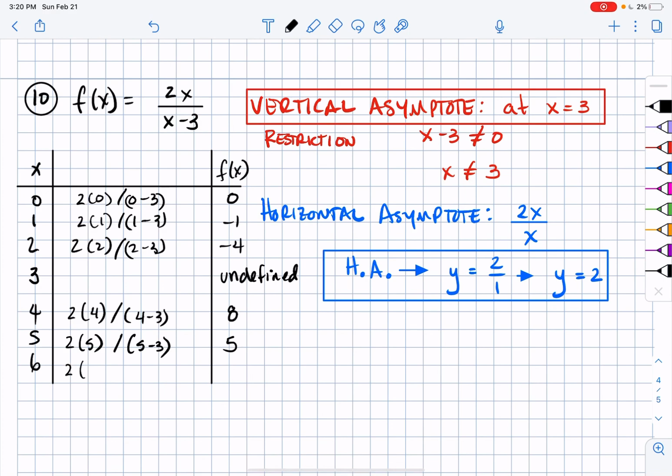And then 2 times 6, which is 12, divided by 6 minus 3, which is 3. So 12 divided by 3 is 4. If I came from the larger positive numbers towards 3, like from 10 towards 3, it's going to head towards positive infinity. So that's what it's saying.